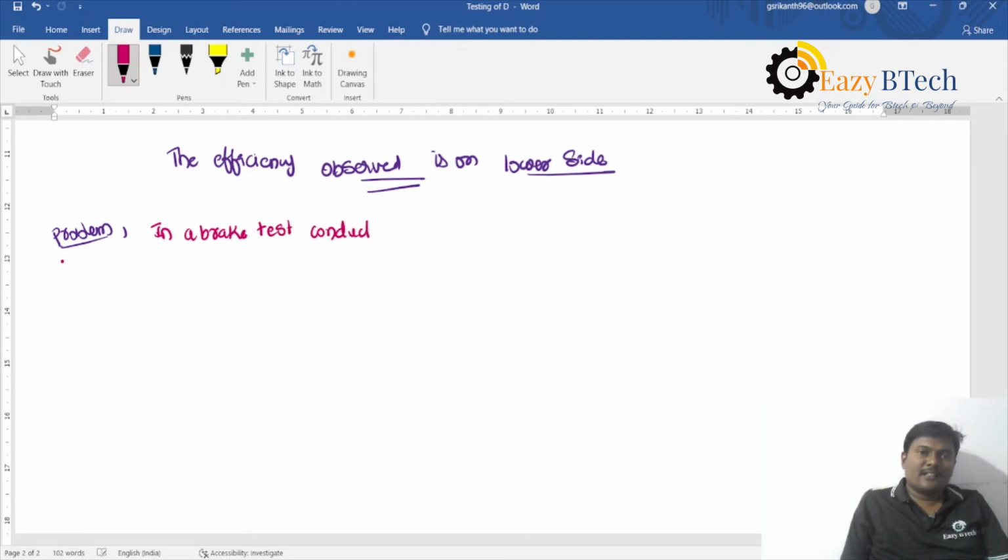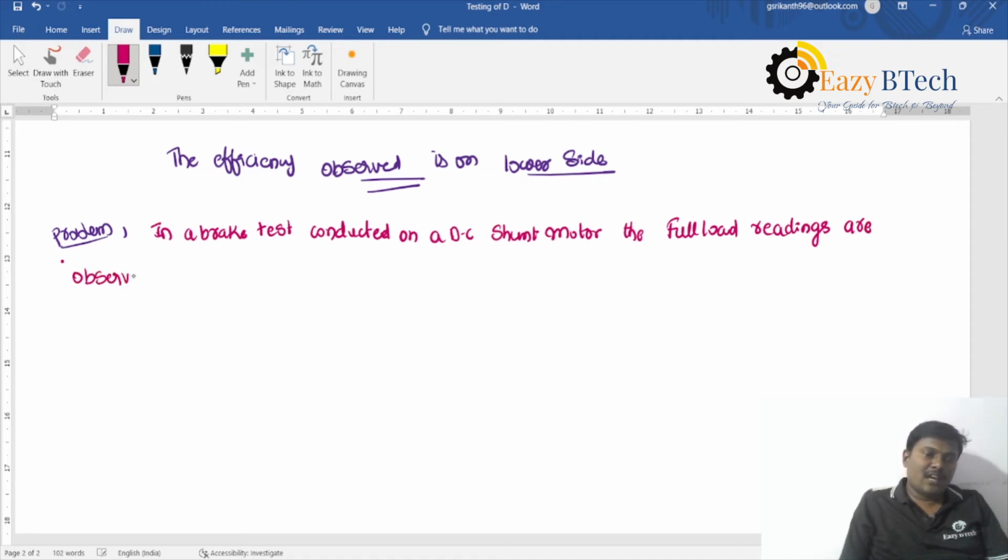In a brake test conducted on a DC shunt motor, the full load readings are observed as follows.